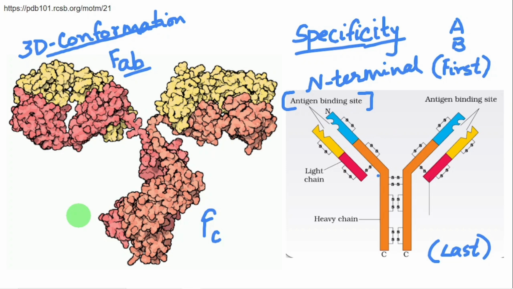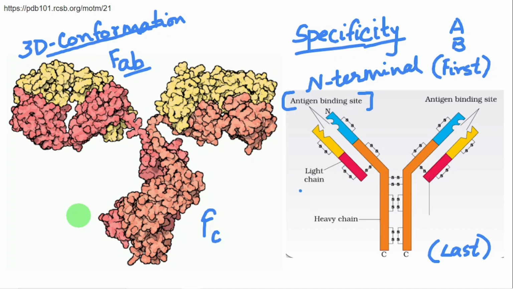Then what else? You can notice there are SS bonds. So SS bonds are called disulfide bonds. This helps in stabilizing the structure of the molecule. And what else? The types. So see, the constant region, this orange region and the red region, they are specific in the sequences, and they have a constant sequence.